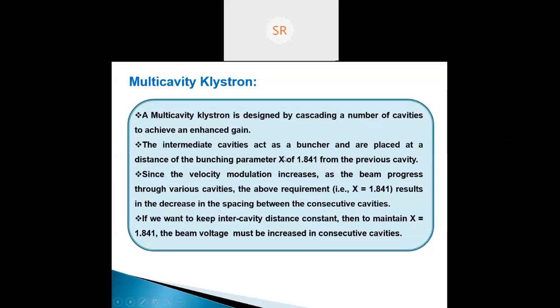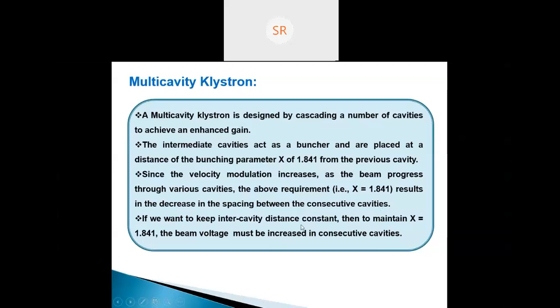So we are expecting that x is equal to 1.841, which is about the distance between the cavities, depending upon the bunching parameter. So we need to place the cavities with decreasing spacing between the consecutive cavities, so that we'll get x equal to 1.841.